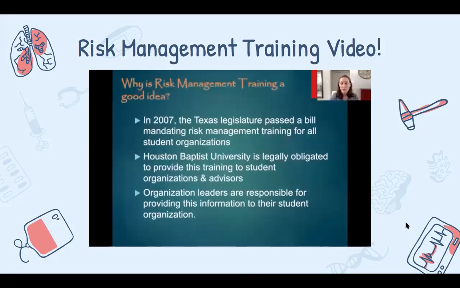So I am required to give you this training, and your org leaders are required to take it as well, and they've actually taken a longer version of this. HBU is legally obligated to provide this training to student organizations and advisors. Org leaders are responsible for providing this information to their student organization. So they are supposed to be playing this during your org meeting or requiring you to watch it.